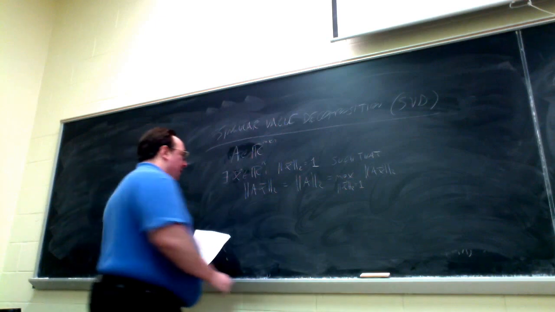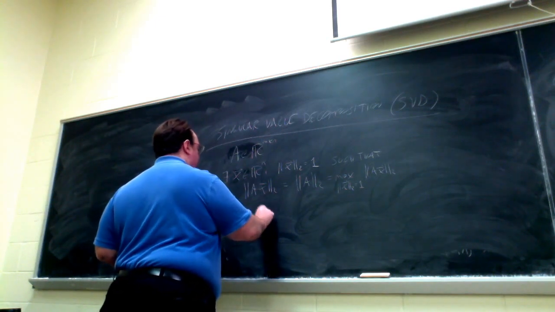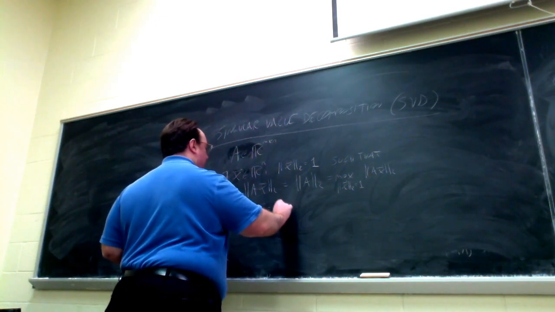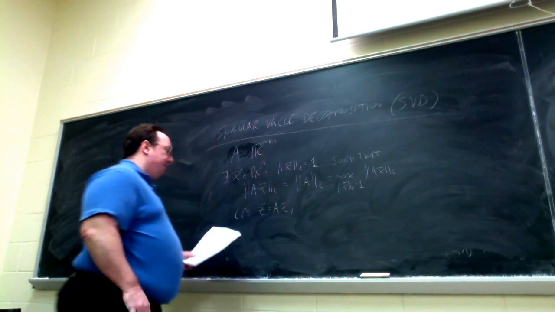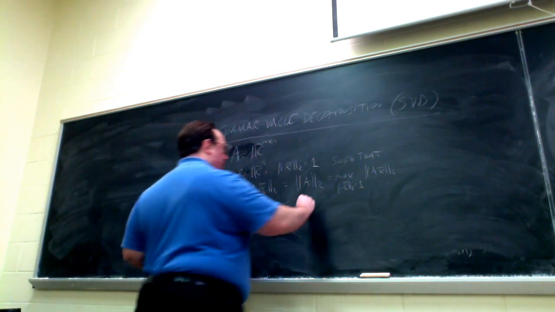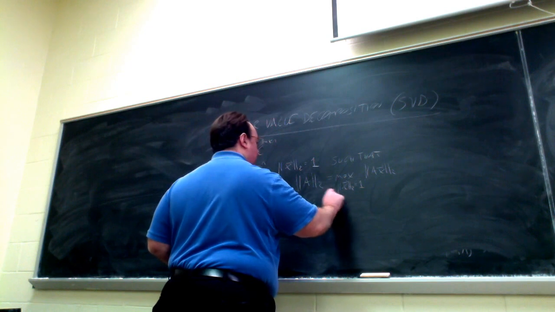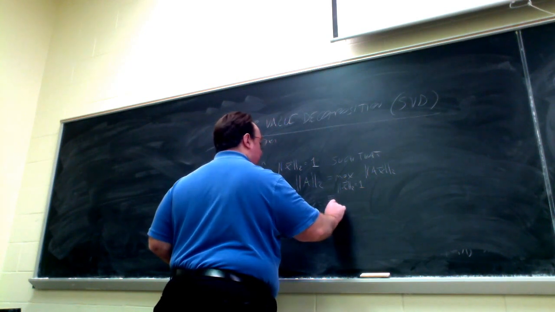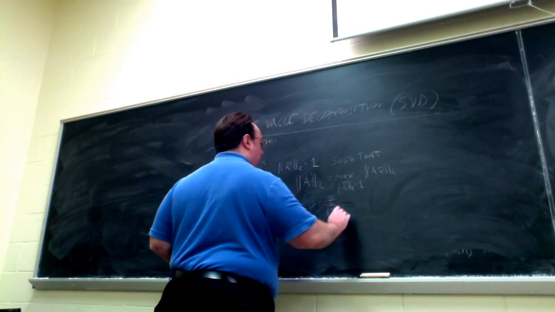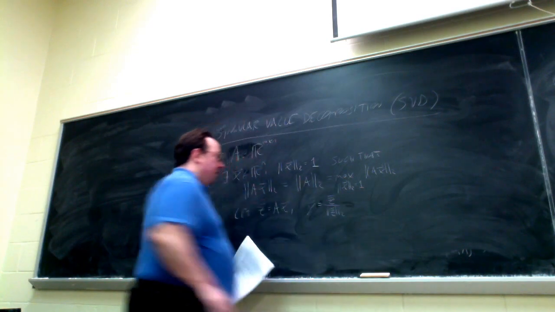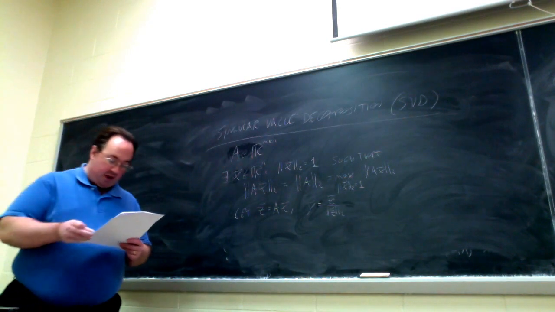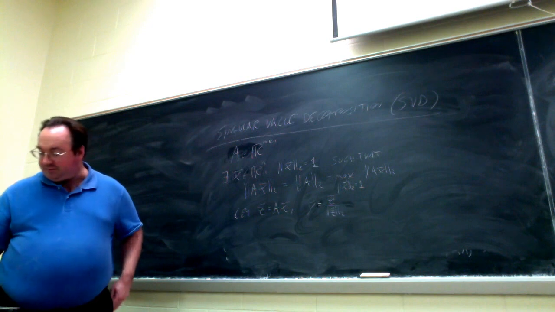Okay. Now, I'm going to let z equal Ax for that magical vector x, and then I'll normalize it to get a new vector y. So y is a unit vector.